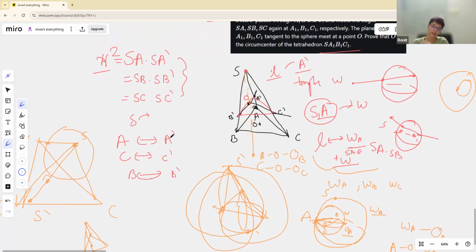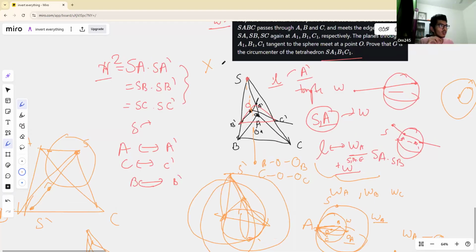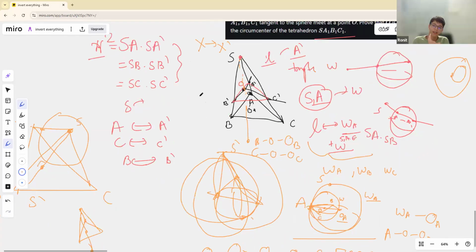But how can you take the mapping of S through the inversion? How can you get that? For X going to X dash in the inversion map. So actually you are not saying S goes to S dash. Oh no, that's what I was thinking.